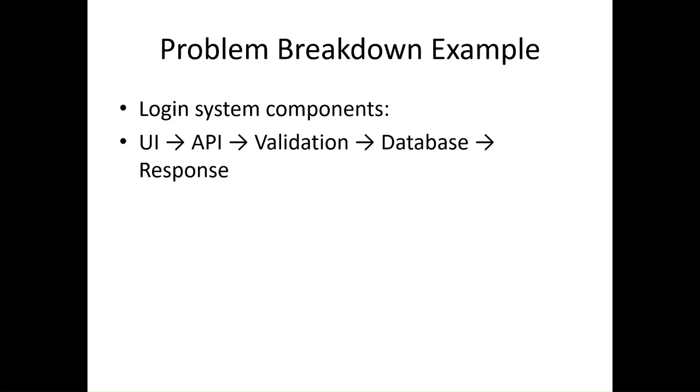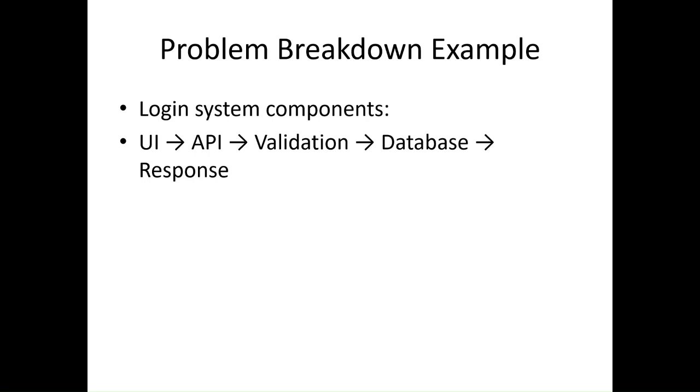All right. So this is again an example of problem breakdown. You can say a login system has components: the UI, the API, validation, the database, and the response. So for instance, you come in and sign in with your username and password, or email and password, and you put that in. It checks the authenticator you're using, and it's going to say, okay, is this person registered in the database?